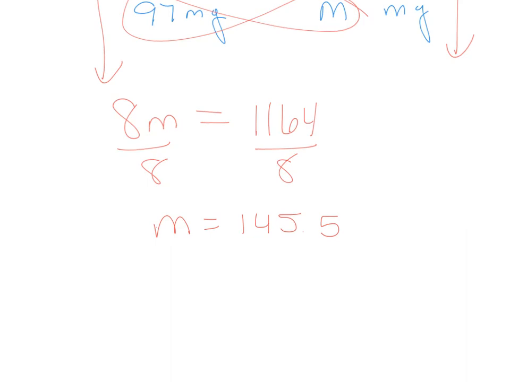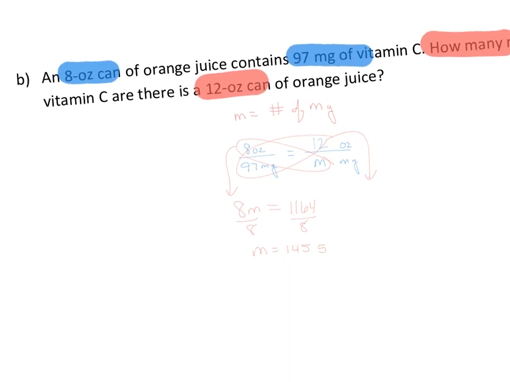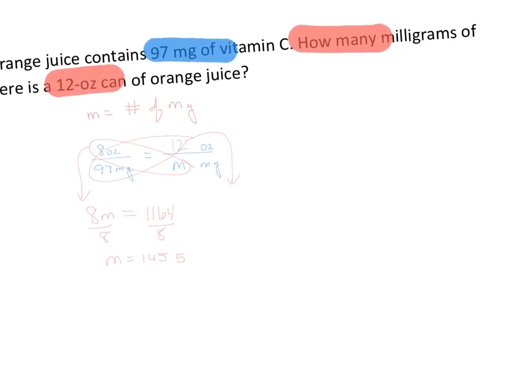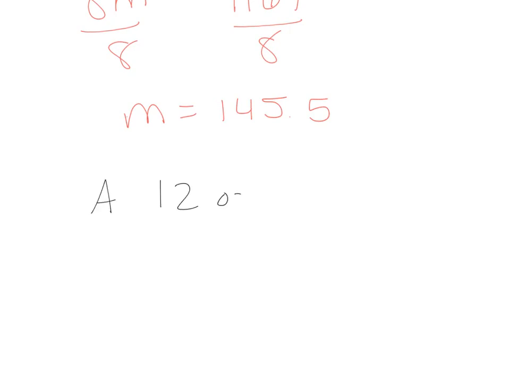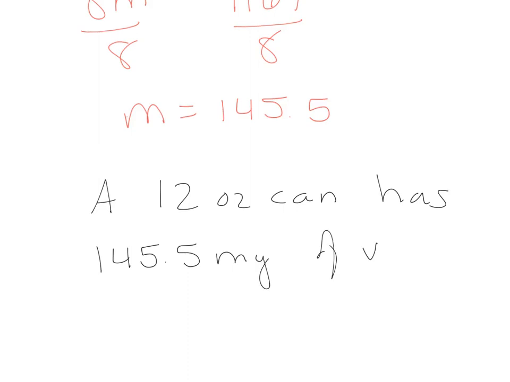All right, so now write your sentence. So coming back up here, we're looking at a 12-ounce can. How many milligrams? So a sentence would be a 12-ounce can has 145.5 milligrams of vitamin C. All right, that concludes our notes for lesson 2-7.